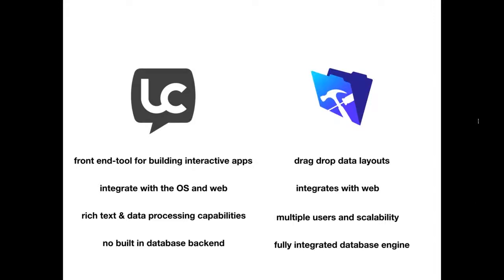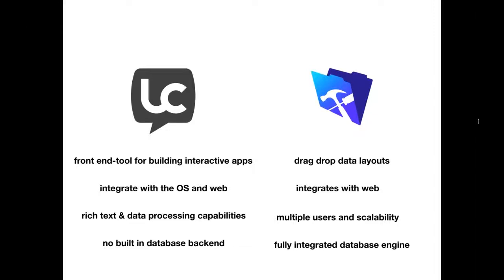Okay, so to give you a little bit of context, just to kind of compare and contrast LiveCode and FileMaker. LiveCode's got a good set of strengths, and so has FileMaker, and they're actually really complementary because they're strong in different areas. So LiveCode's a really good tool for building interactive apps. By apps, I mean apps that take advantage of native operating system features, that have really complex interactive UIs, that have SVG graphics, that have things that you would associate with traditional app building and app development.